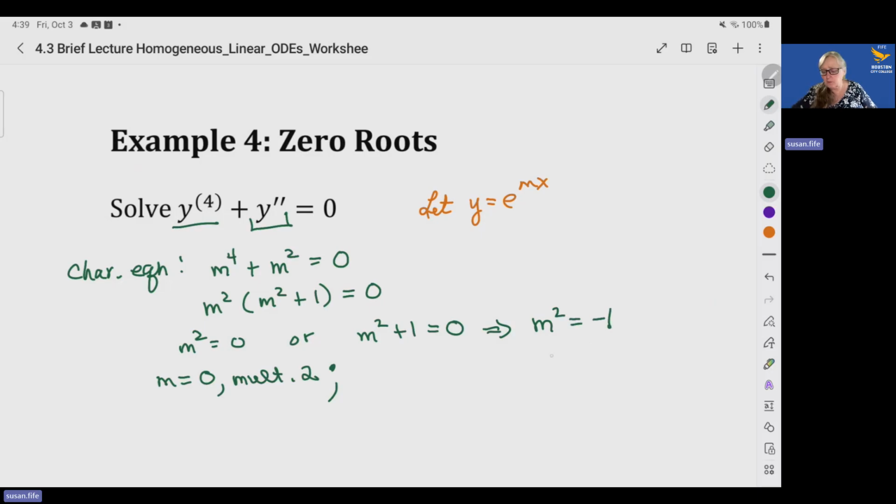And then applying the square root property, you get m equals plus or minus the square root of negative 1, or m equals plus or minus i. So we have m equals 0, multiplicity 2. That's 2 solutions. And then we have plus or minus i. That's 2 solutions, giving us 4 solutions to this fourth order ODE.